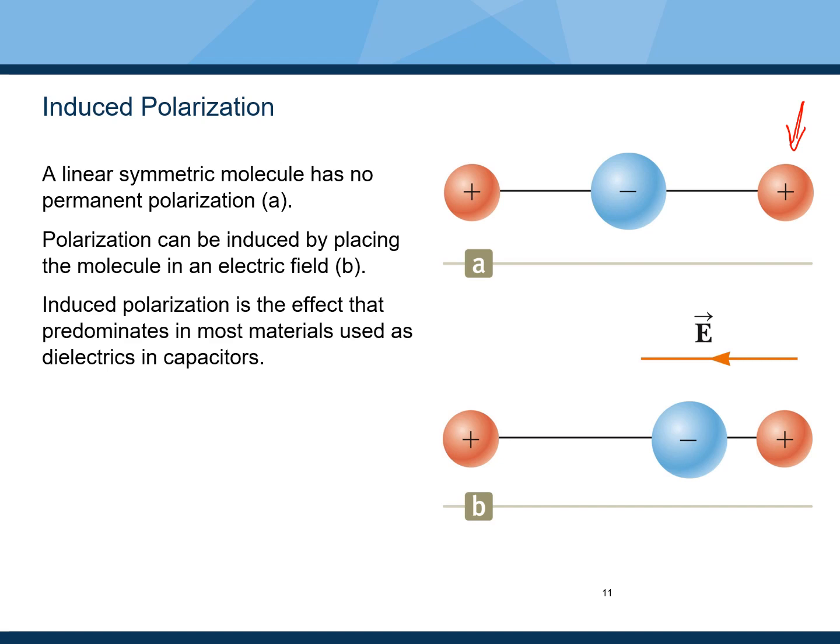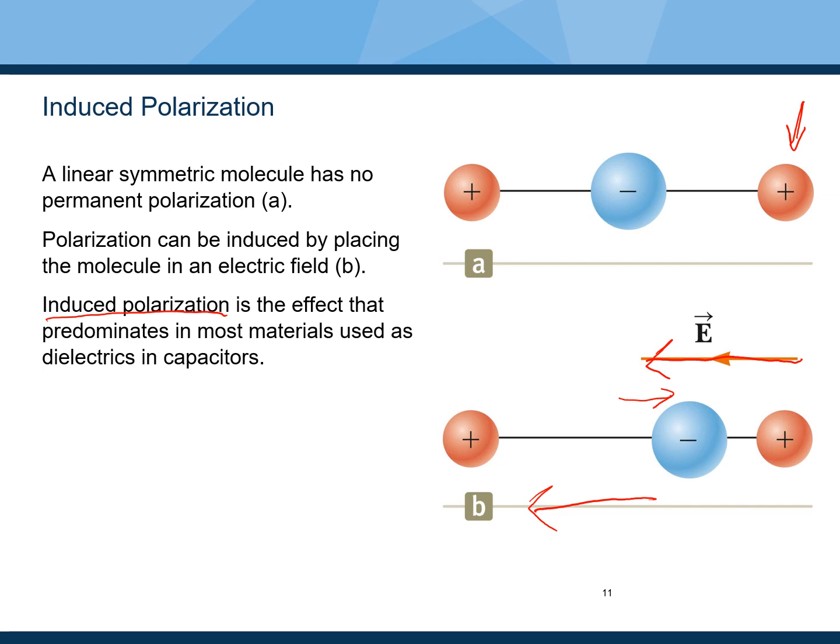Even then, if you apply a net external electric field like so, then the negative charge will experience a force and want to displace itself in this direction, and that will create a situation where you have a net electric dipole moment like so. So you actually have a net induced electric dipole moment, or what we call an induced polarization, that will want to line up in the direction of the electric field.